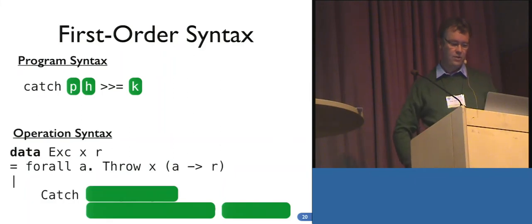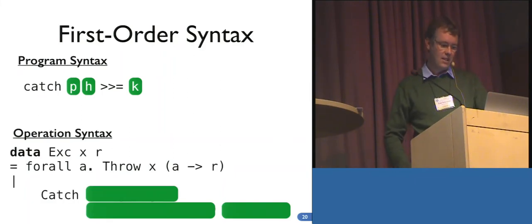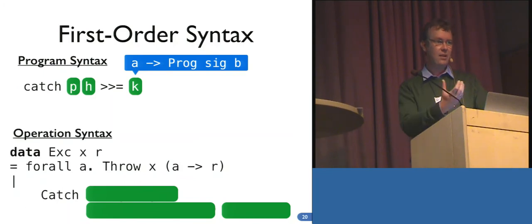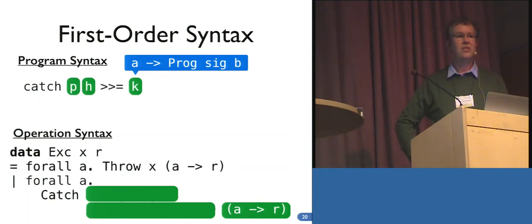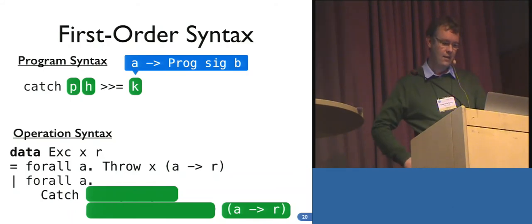So we have another constructor in our data type for exception operations, the catch constructor with three fields for P, H, and K. And so K is similar to the throw operation. It takes the results from the catch and then continues in this free monad. So we get the same type for the continuation in the constructor. We play this abstraction game, abstracting the result type to just a single type variable R.